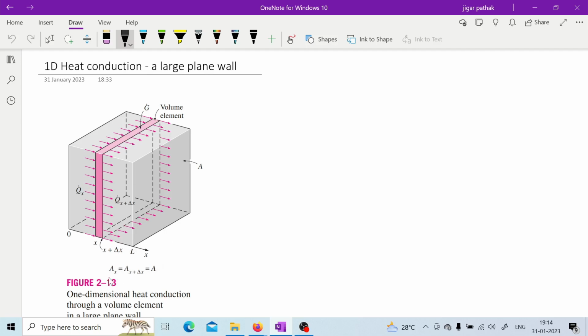Here the area is considered the same at both places. We are considering this element, which is highlighted here.